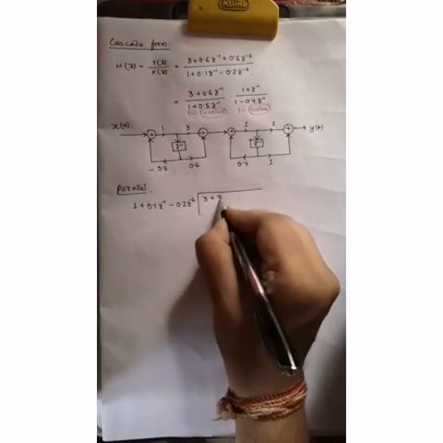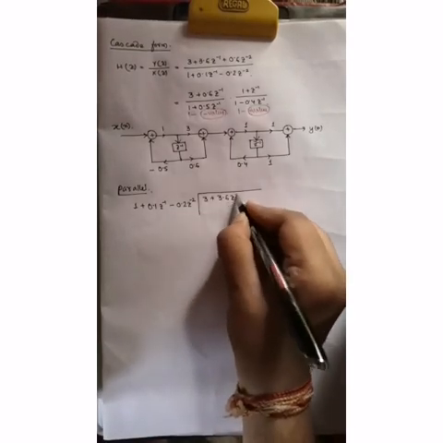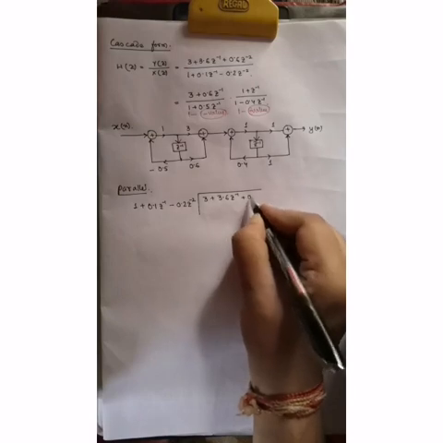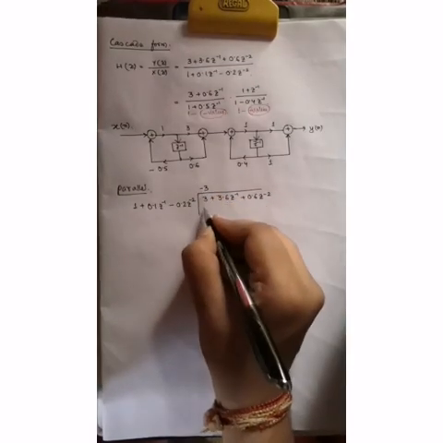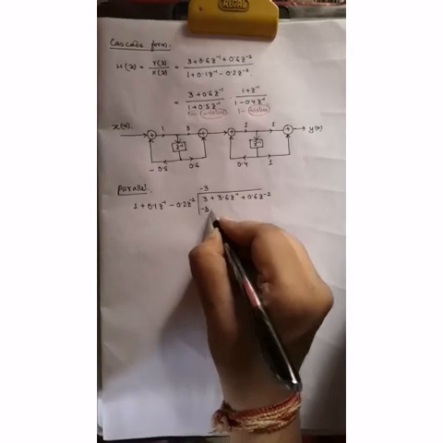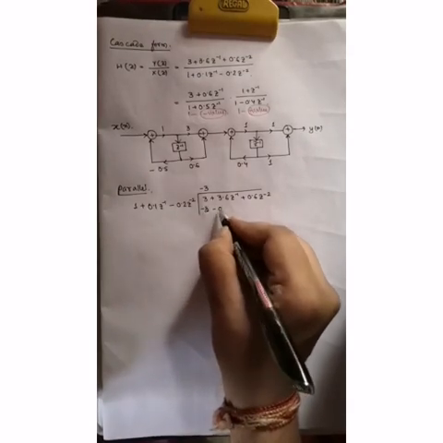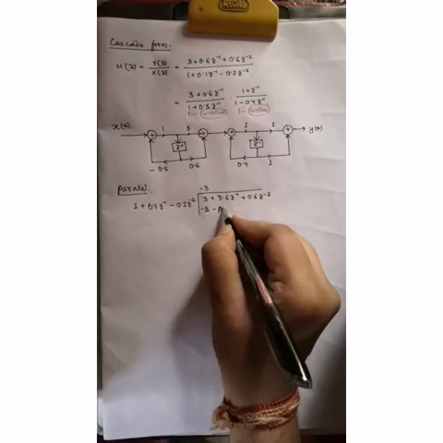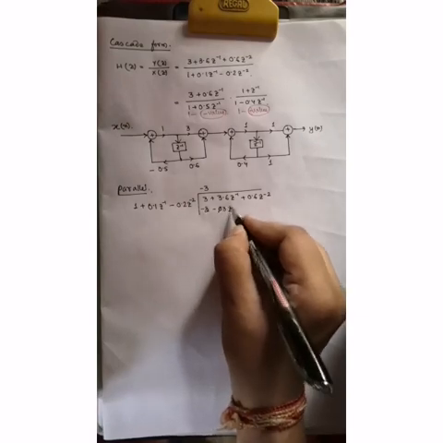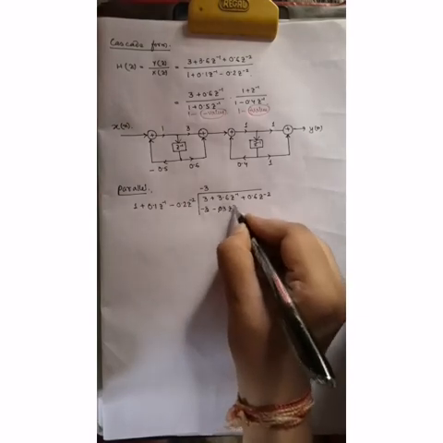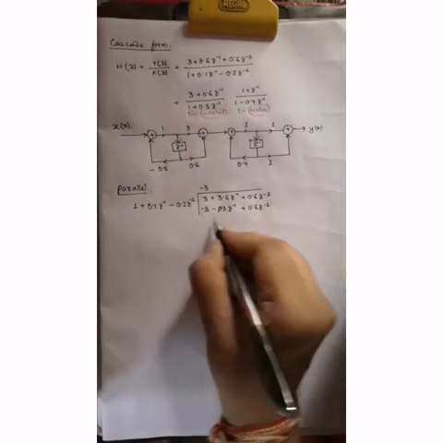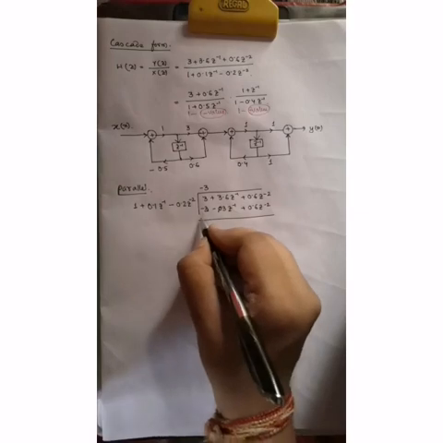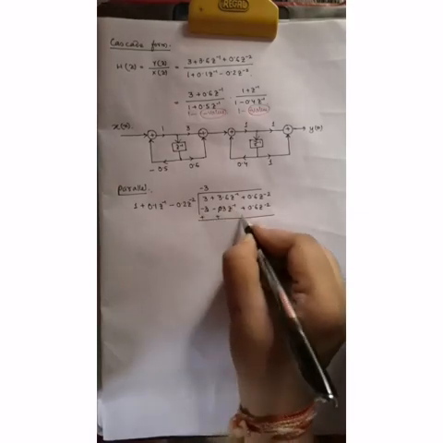Okay, so we know the simple division. If you take minus 3, it becomes minus 3 times 0.3 z inverse plus 0.6 z to the power minus 2. We have to subtract the value.